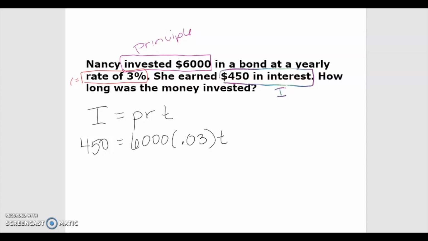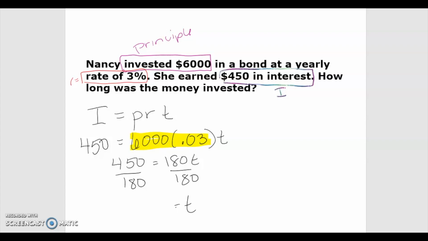How long did it take us to earn that money? So the first thing that we want to do is we want to multiply 6,000 times 0.03. Okay, that gives us 180. 450 equals 180 times T. So then we're solving for T, so we're dividing both sides of our equation by 180.